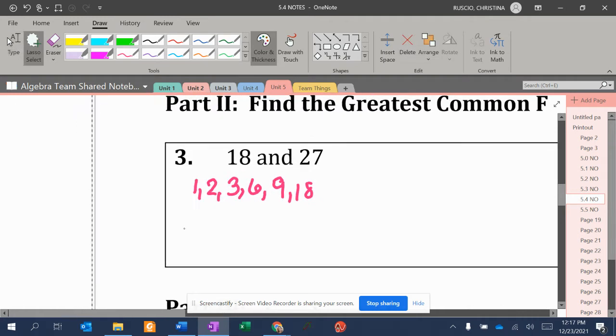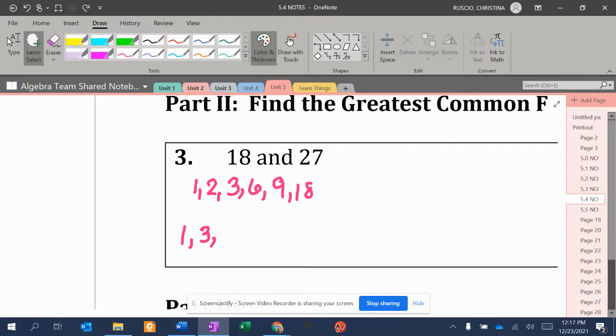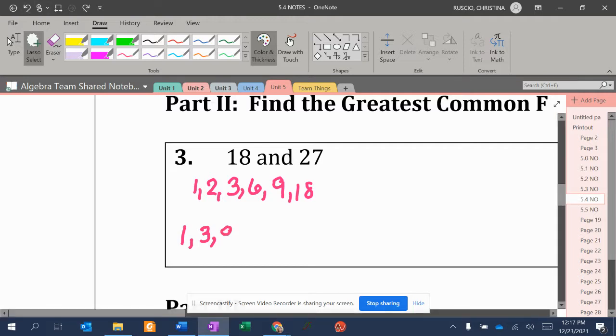Same thing with 27: 1, not 2, 3, not 4, 5, 6, not 7, not 8, 9, all the way up to 27. So not a ton of factors of 27. If we are looking for the greatest factor that they share, the greatest factor that they share is 9.